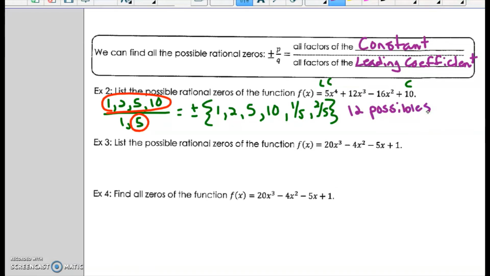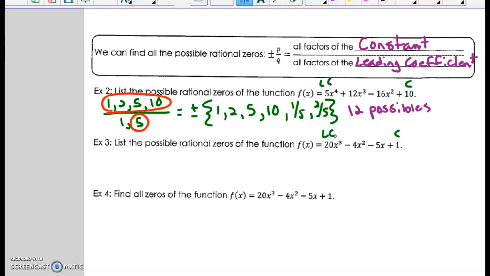So what those numbers become are numbers that we can use in synthetic division to help find our zeros. So we'll do that again for example 3. 1 is our constant, and 20 is our leading coefficient.